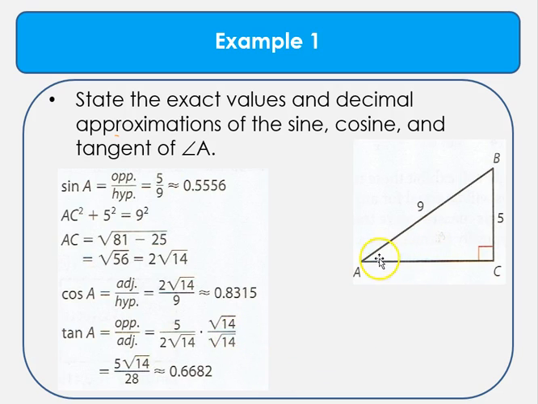We have a triangle ABC. We have values for 2 of the sides. We do not have a value for the third side. It asks us to state the exact values and decimal approximations of the sine, cosine, and tangent of angle A. When they say state the exact values, they are talking about a fraction.